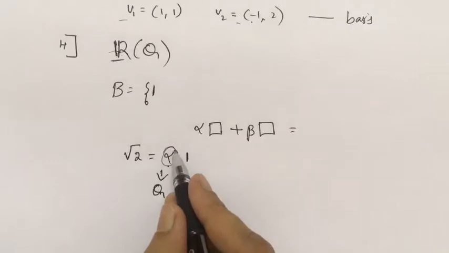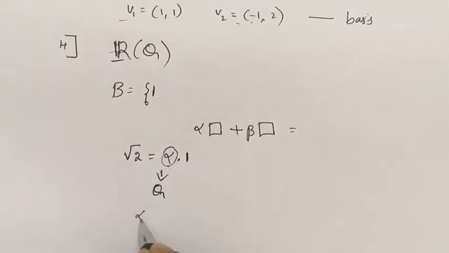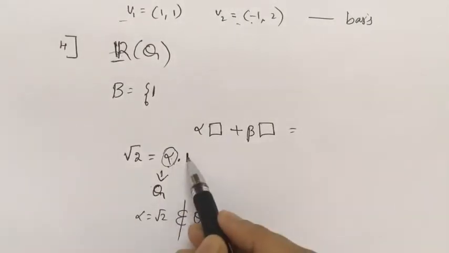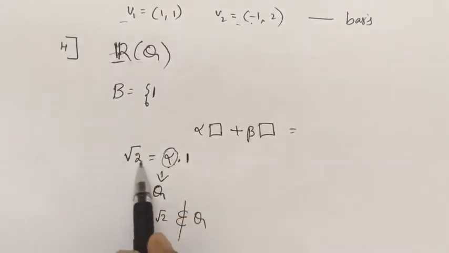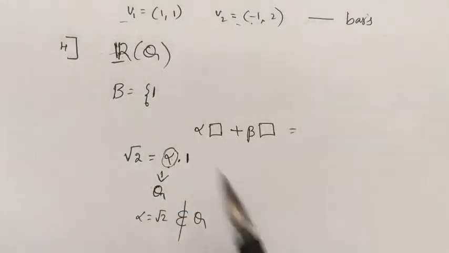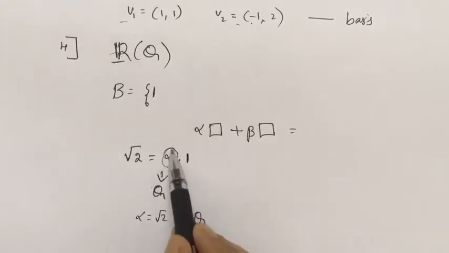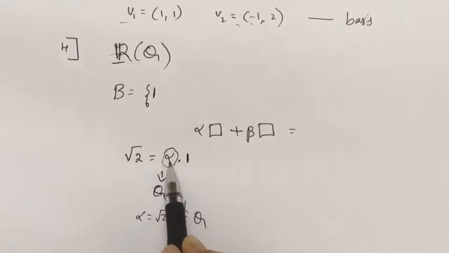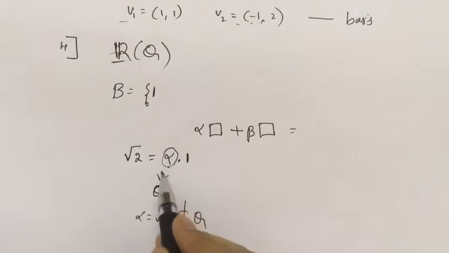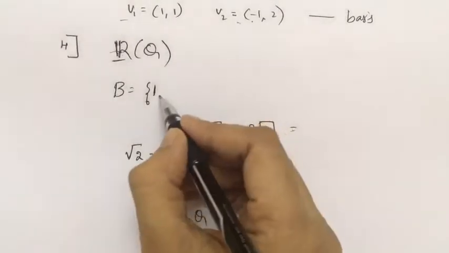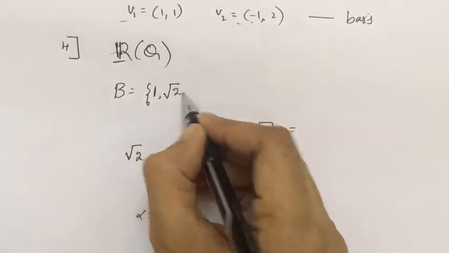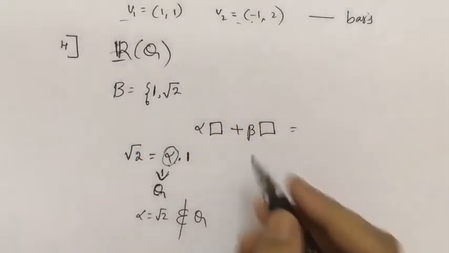Now, if I put alpha as root 2, then that does not belong to Q, right? So, this is not enough if I have 1 in my basis. To get root 2, the only way is to put the value root 2 to alpha. But that is not possible because alpha is from Q. Therefore, I should add root 2 to my basis set.